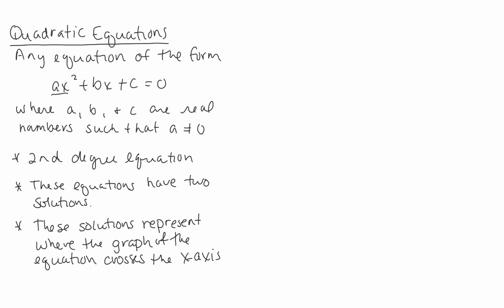Now, when you're dealing with a quadratic equation, the graph is called a parabola, okay? And I'm just going to give you a very brief overview of this right now because we're not anywhere near ready to talk about graphing quadratic equations. That'll come up much later. But the graph of a quadratic is a parabola.